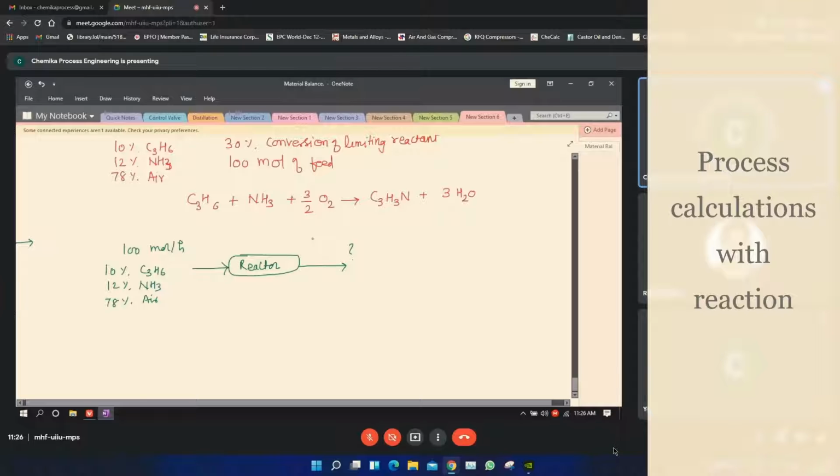And the molar flow rate will be different. The molar flow rate may not be required to be the same. Inlet is equal to outlet for mass. It is possible that the number of moles produced in the reactor may not be the same.